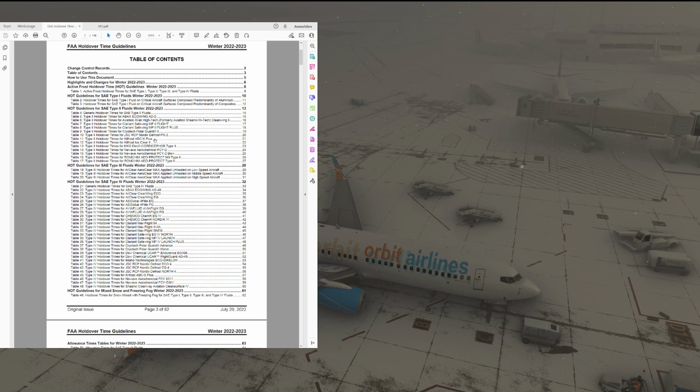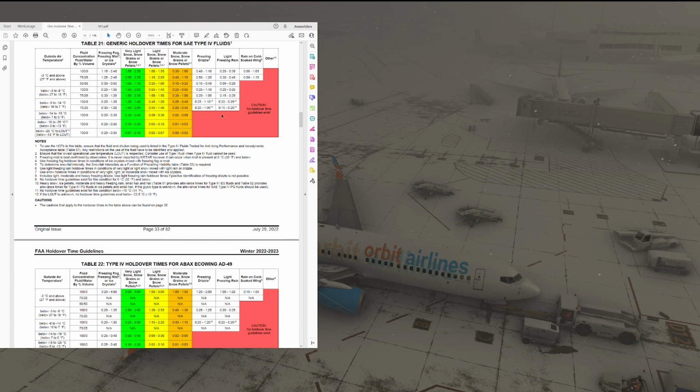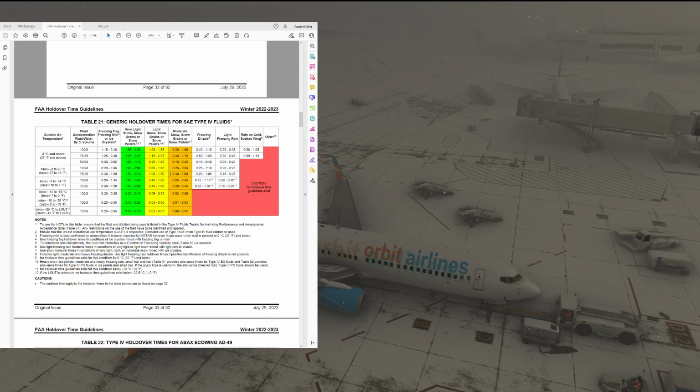Now, since we don't know which fluid exactly GSX is using, we have some generic tables available as well, which we would be using in real life if we were unable to establish which fluid has been used exactly. So we just de-iced using a Type 4 fluid, so we can use this one, and we have the generic holdover time table available over here, which is the one that we can see on screen right now.